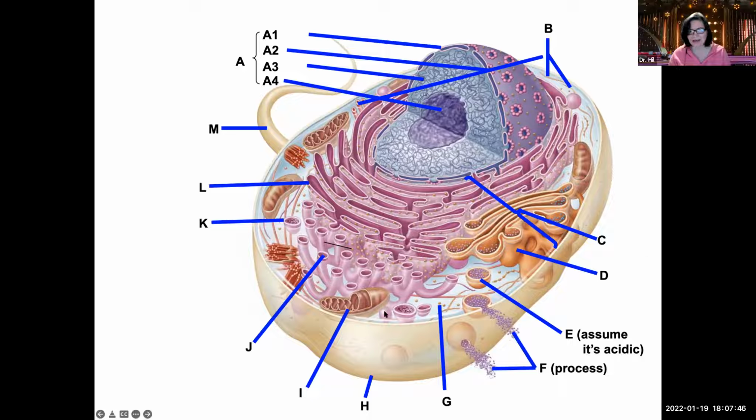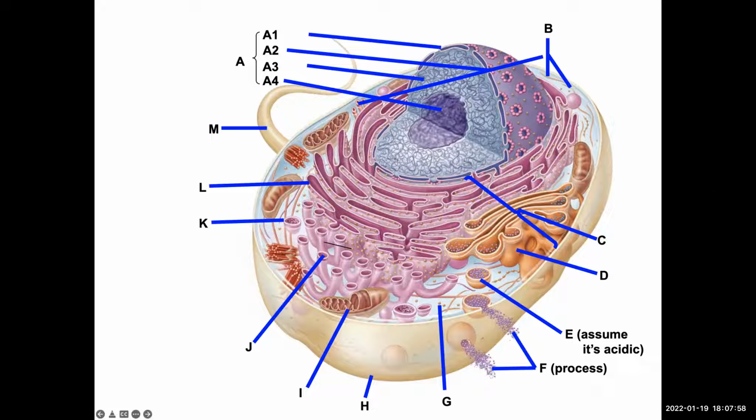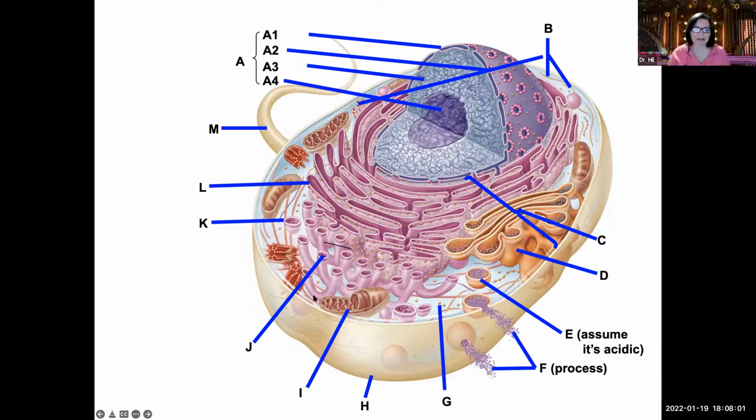Good job. Danielle, what's I? Mitochondria. It is a mitochondrion. Good job. All right, for J, what's shown in J?